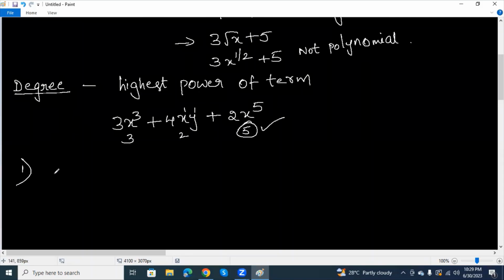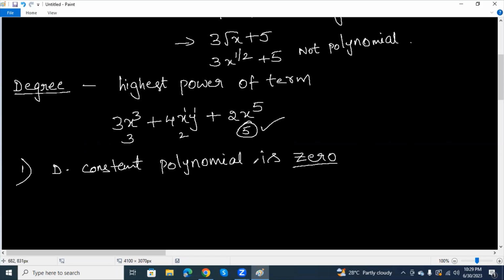Coming to the bullet points, the degree of a constant polynomial is 0. What is a constant polynomial? A polynomial which contains a constant alone. Constant means numbers. Variables means alphabets or symbols.